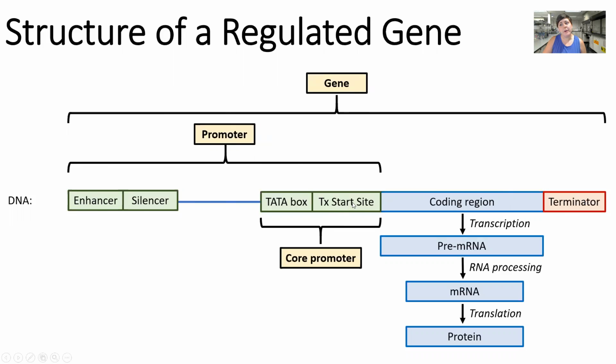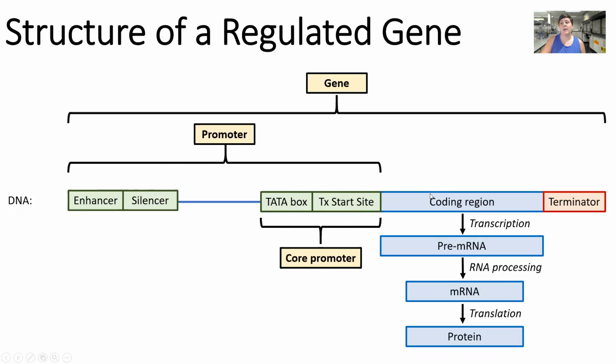The promoter is made up of a core promoter, as well as a regulatory sequence upstream of that core promoter. The regulatory sequence usually includes an enhancer and a silencer, and we'll talk about what those do.